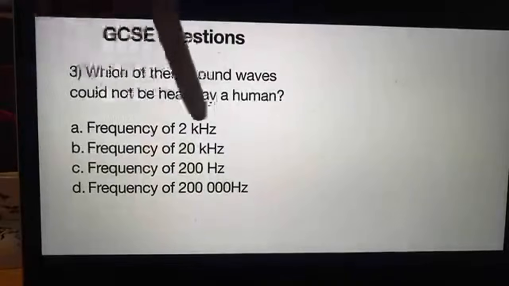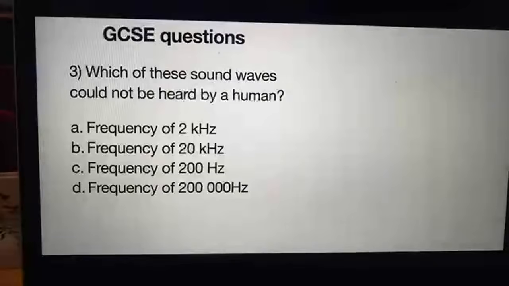So yeah, the little k means 1,000, in the same way that you get 1 gram and a kilogram is 1,000 grams. A kilohertz is 1,000 hertz. So 2 kilohertz, 20 kilohertz, 200 hertz, and 200,000 hertz. Have you got it? Humans can hear between 20 hertz and 20,000 hertz.